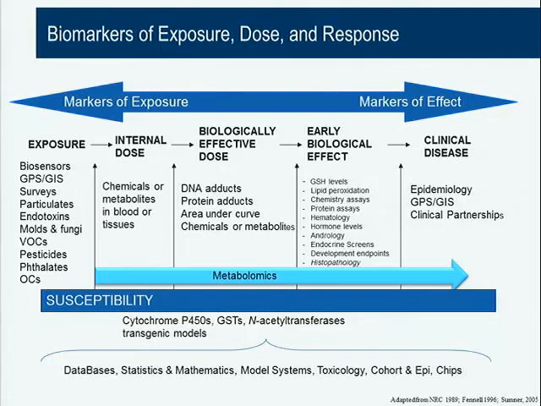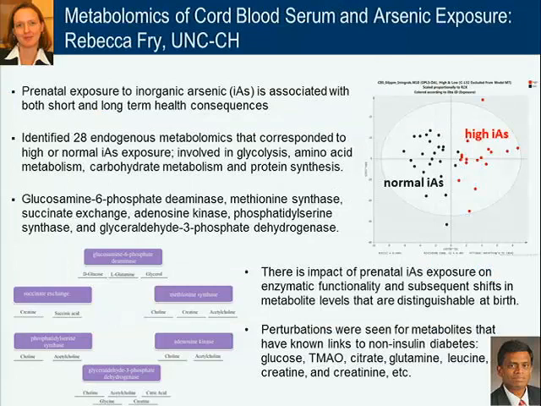And in kidney disease, I know that there's been a link between exposure to arsenic and the development of diabetes, right? So you've probably read those papers, whether you believe them or not. Anyway, we've been working with Rebecca Fry, who's an epidemiologist at UNC Chapel Hill.